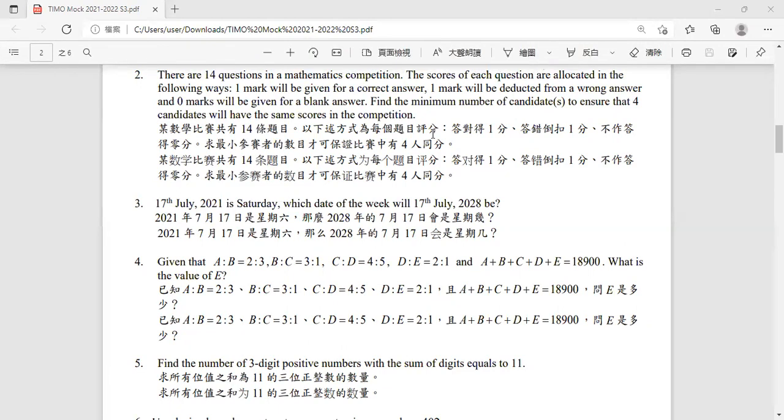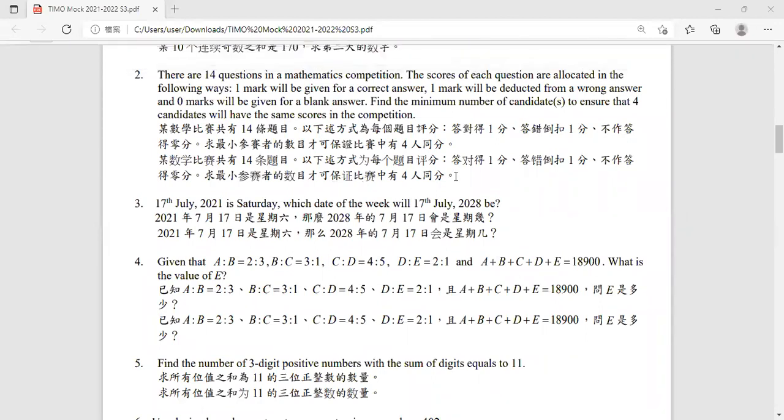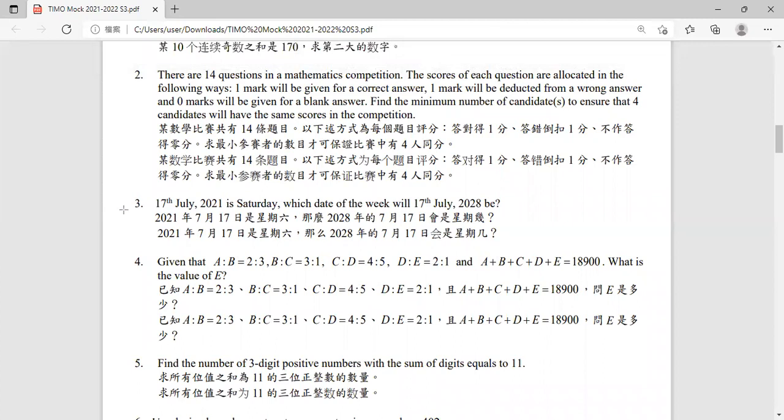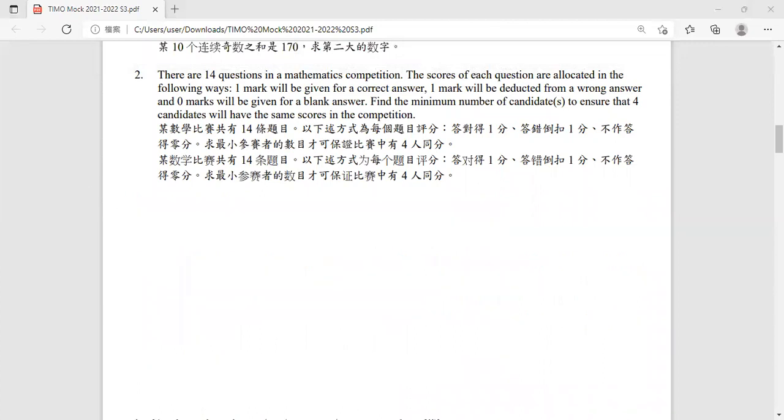Okay, question 2 continued. Now we have to know how many total results there are in this question. Because there are 40 questions, what is the range of marks you can get?